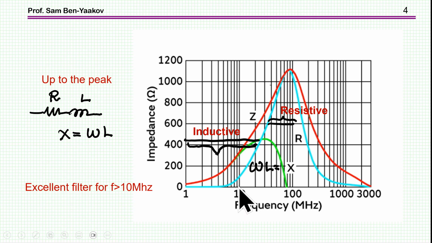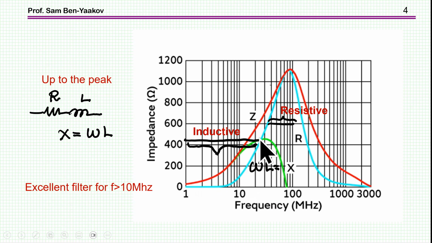On the other hand, there is an inductive part, which is the green one. This is the impedance of this inductive part. At the beginning, the total impedance is due to the inductive part. Then this inductive part drops because the permeability of the material drops at this high frequency.